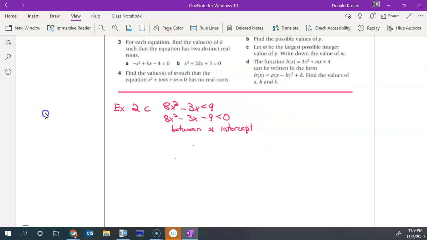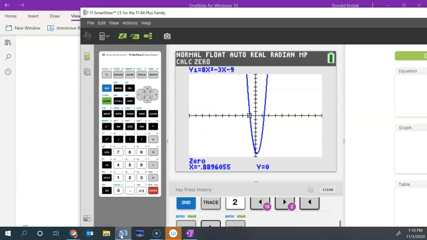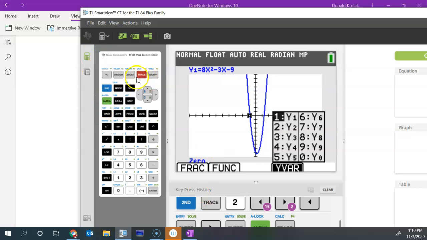Okay, so let's see. It's between the two x-intercepts. So it's going to be x is greater than negative 0.890, and then do the other x-intercept. Second calc.